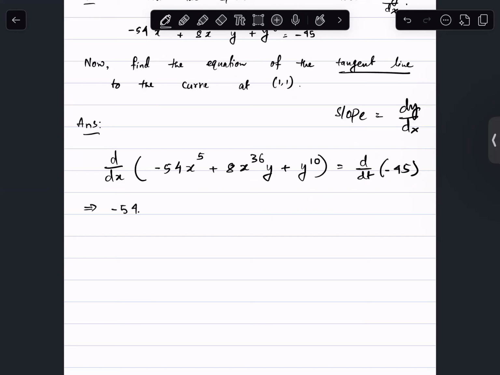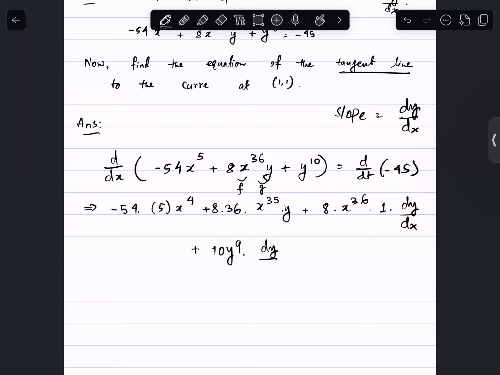So minus 54 times 5x to the 4 plus 36 times, so 8 times 36 times x to the 35 y plus, so again you have to use the product rule, plus 8 times x to the 36 times y dy/dx plus 10 y to the 9 dy/dx to be equal to 0.